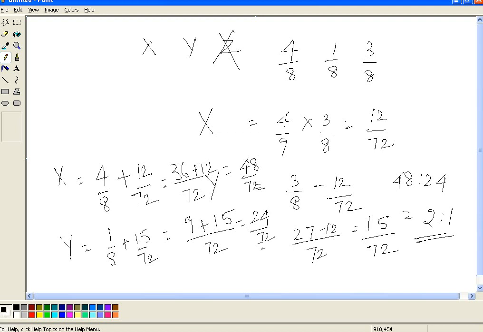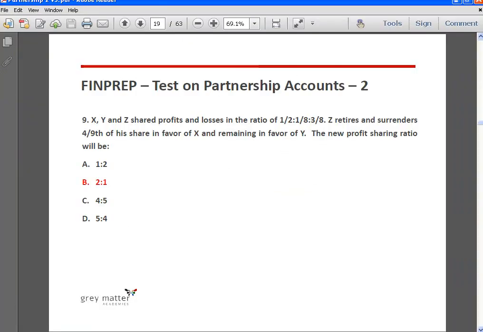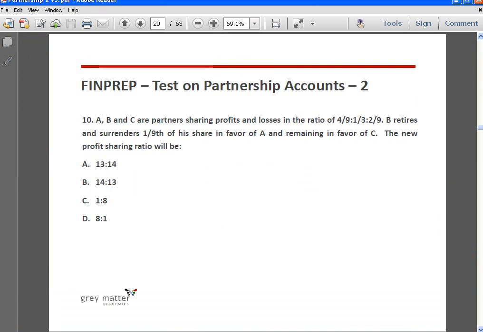So the new ratio between X and Y is 2 is to 1. Answer is option B. Okay.